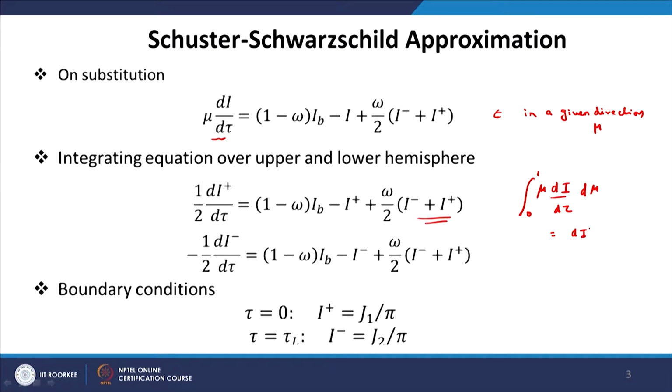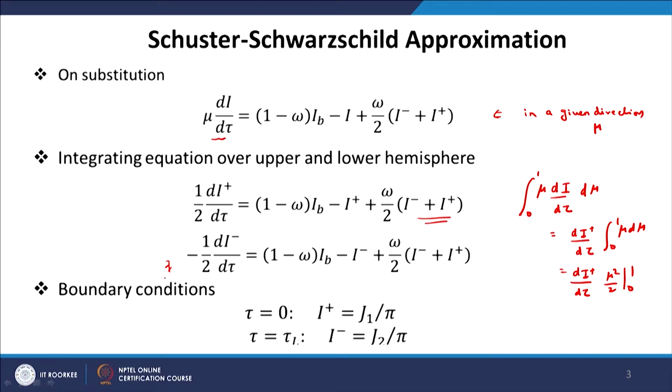So, dI plus upon d tau we can take out, and in the integration we are just left with mu d mu from 0 to 1. This will be mu square by 2, from 0 to 1, and this becomes half. So, this is why this half is coming, and in the negative direction the minus sign is also coming because mu is less than 0.